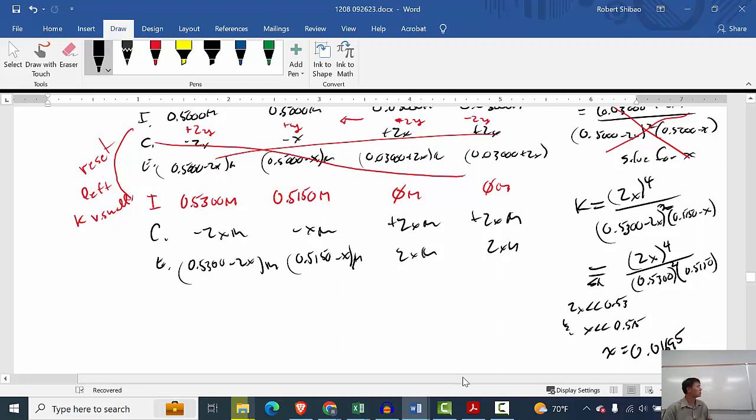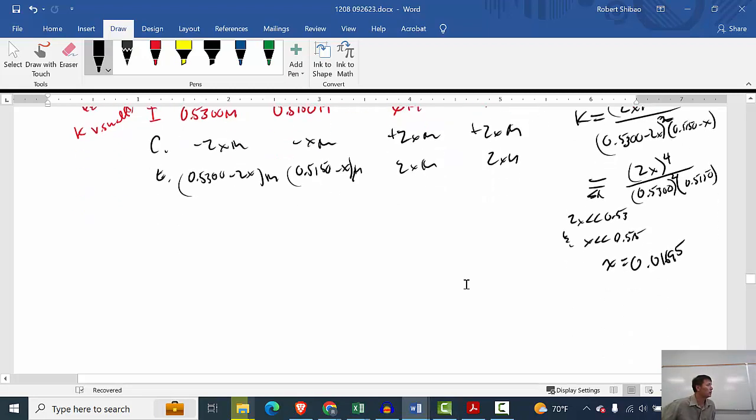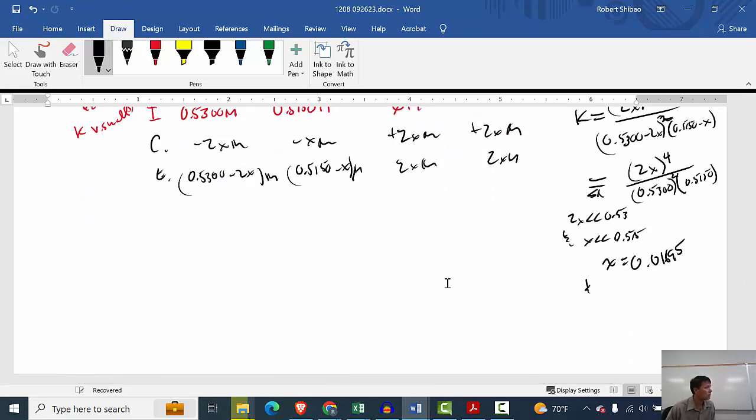The reason I carry extra sig figs is when I do my double check, I minimize rounding error. So if x is equal to that, then 2x will be double this. So I'm just going to go ahead and times 2 here and see what it comes out to. 2x is equal to 0.03390. So we'll just go with that.